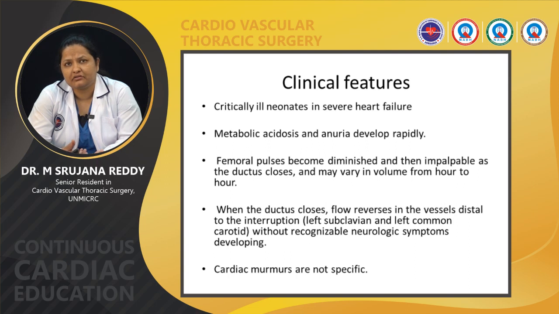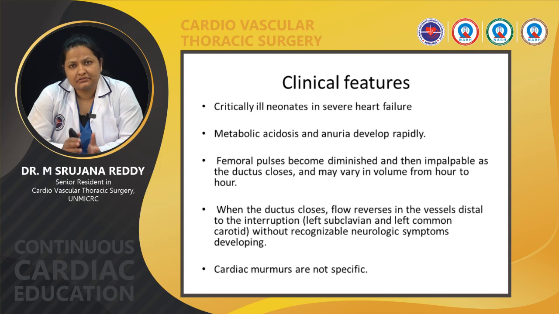If the ductus is closing and affecting lower body perfusion, there can be associated anuria, metabolic acidosis, and elevated liver enzymes. Femoral pulses will be feeble, and if the ductus completely closes, they may be impalpable or quite vary in volume.